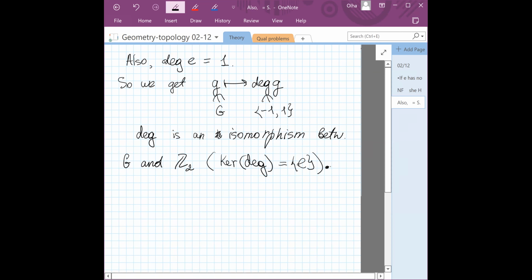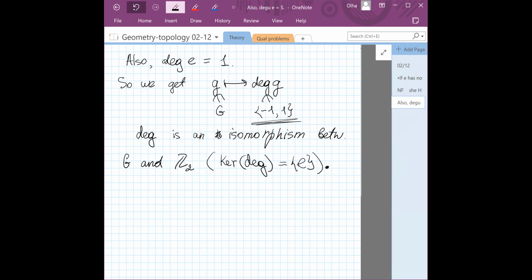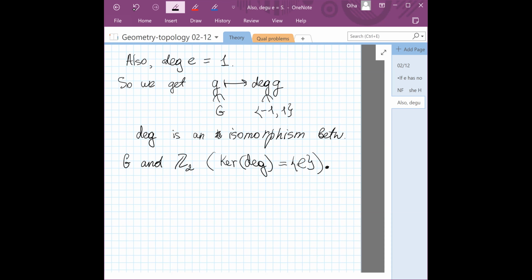We were using this multiplicative representation of Z2, just -1 to the power n. So if G does act freely on Sn, then this degree map is an isomorphism between G and Z2, which means that G is basically equal to Z2.